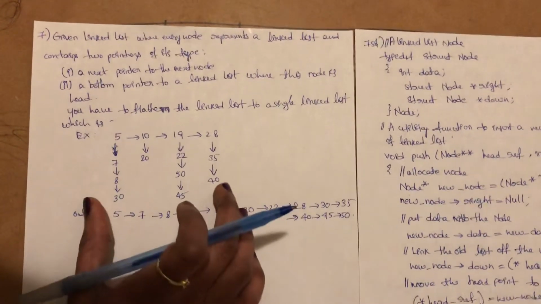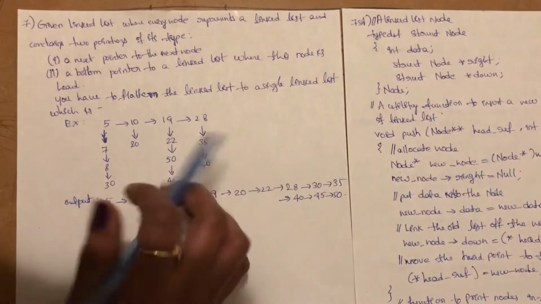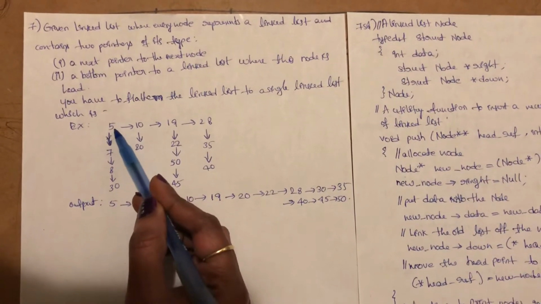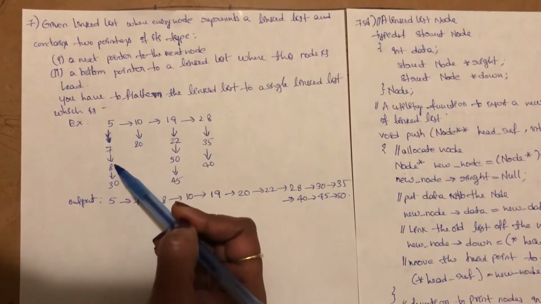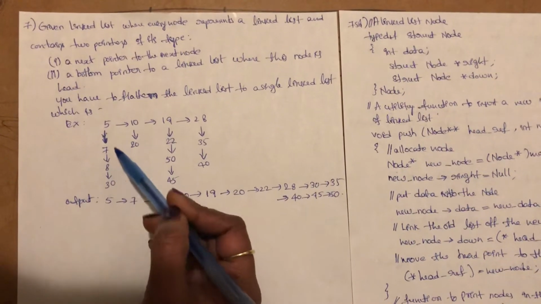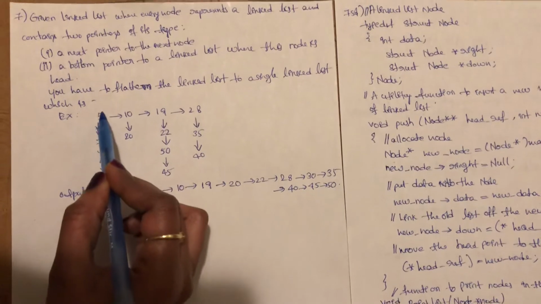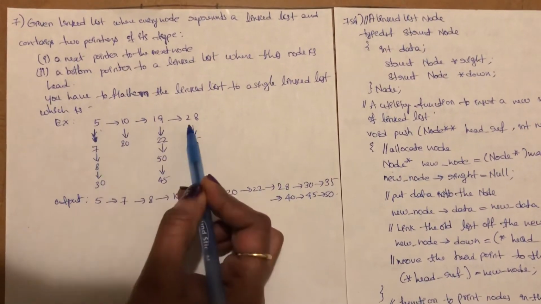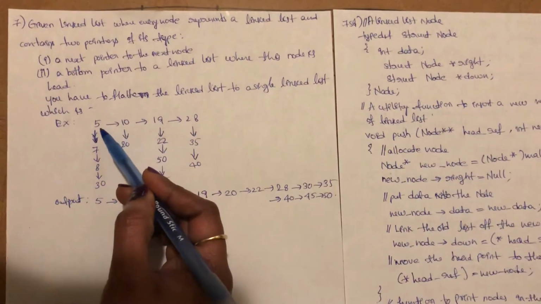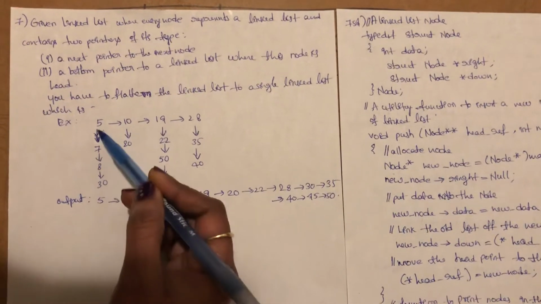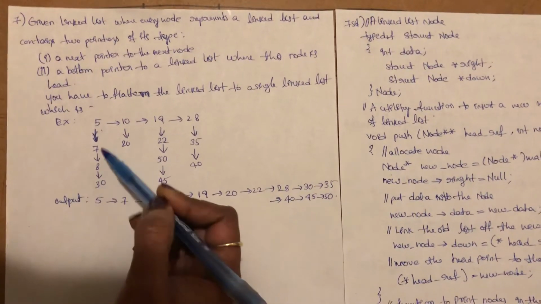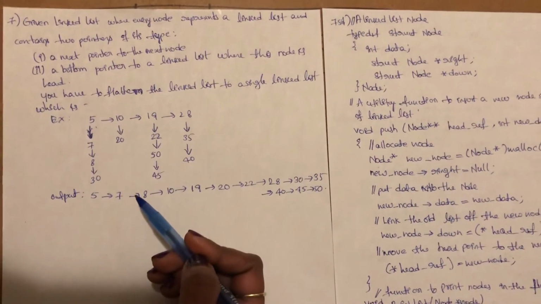This is the input, which is nothing but what we call a 2D linked list. That means a linked list usually points to the right, but this linked list also points downwards, so we call it a 2D linked list.